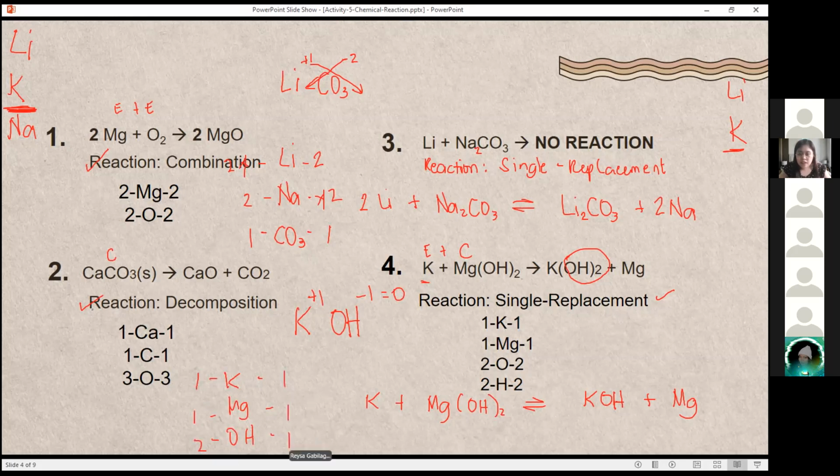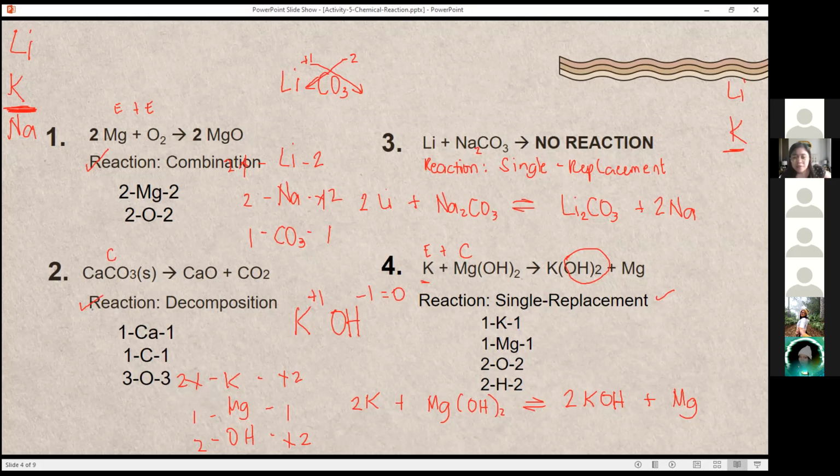So OH, I'll write 2 here so that this becomes 2. But kasama niya kasi si potassium, so potassium becomes 2 also. And I'll need to place 2 here so that in the reactant na side, potassium will also become 2. So this is now the correct class answer for number 4.